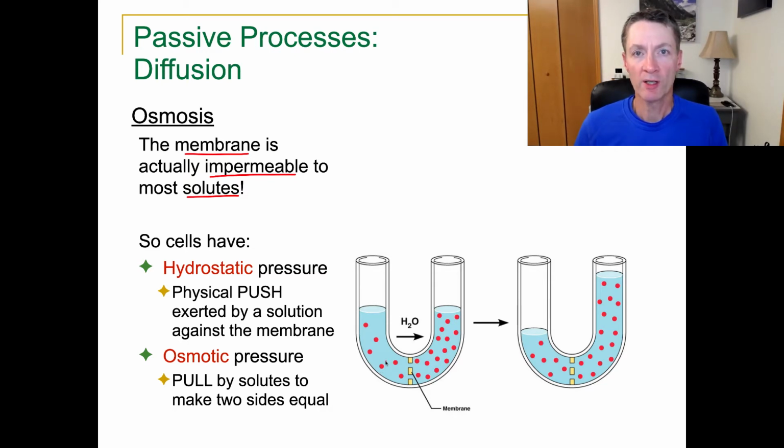Now, if only water is able to pass between these two sides, until the concentrations are equal on both sides, well, we would have to assume, I'm going to change this to blue here, we would have to assume that the blueness on the left side, all the blue here that's representing water molecules, would have to move the other direction, right? There's less blue on this side where there's lots of red dots, and there's more blue on the side where there's less red dots.